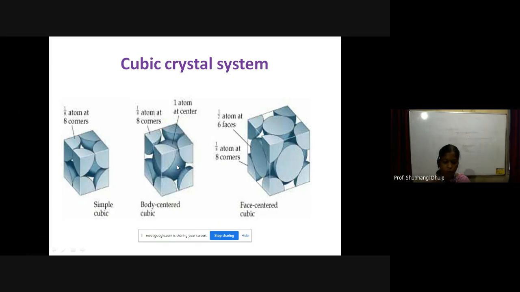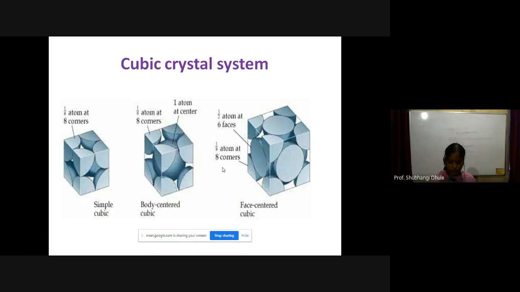That means total particles are 1/8 multiplied by 8, which is 1, plus 1 at the center of the body, so 1 plus 1 becomes 2 particles present in the BCC, or body centered cubic crystal structure.